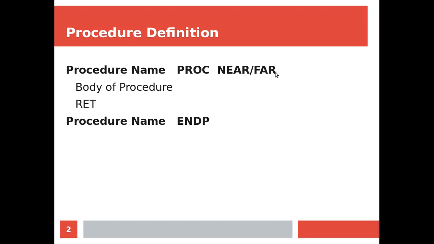And if we are specifying this as far, then we can access the procedure outside the segment in which the procedure is defined. That is the significance of near or far.